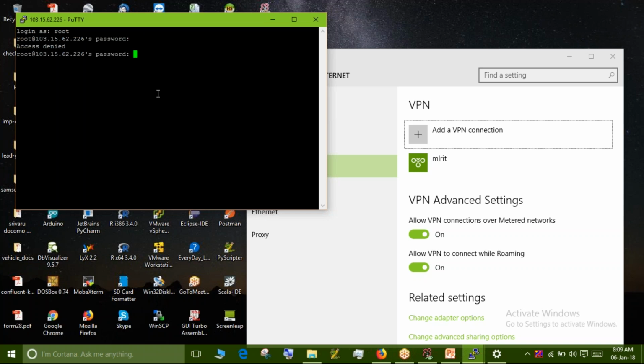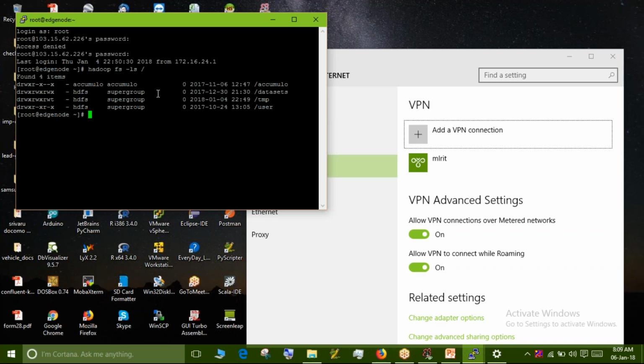Please look at this one. Now, Hadoop fs -ls / I said.